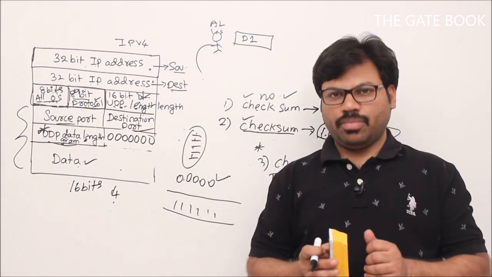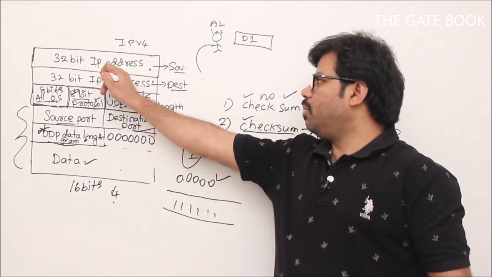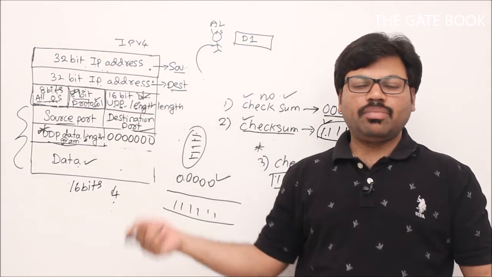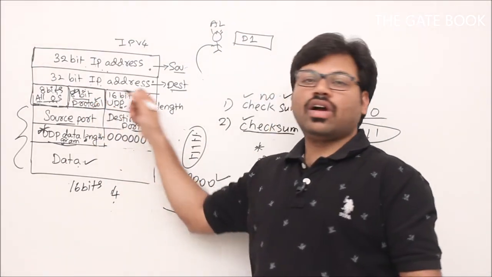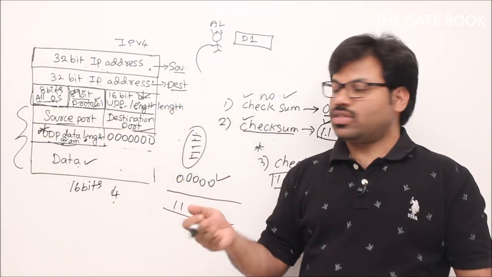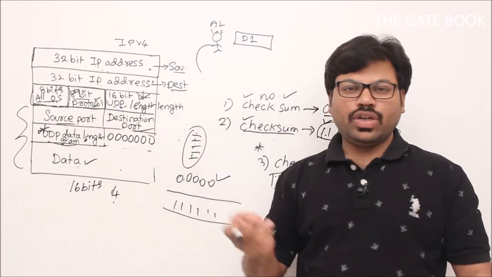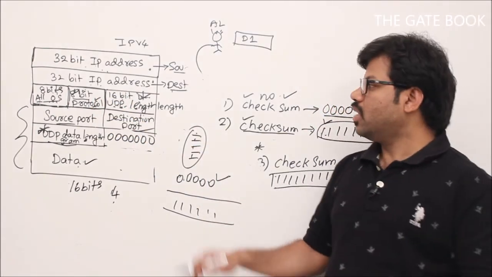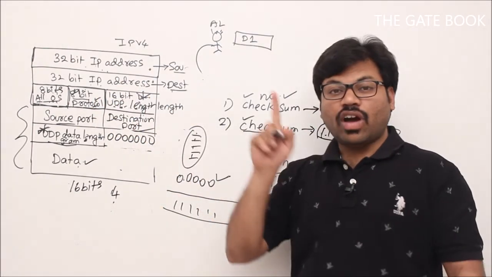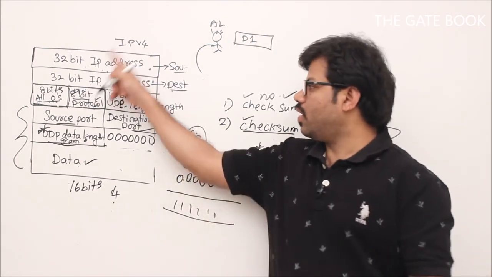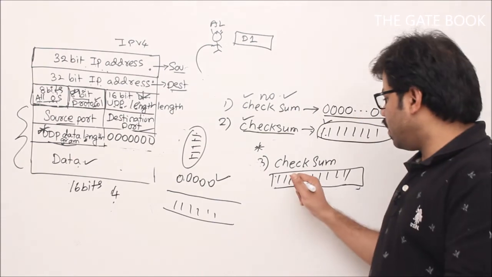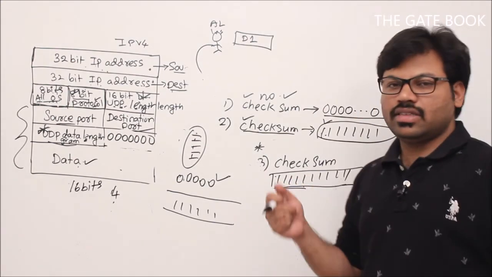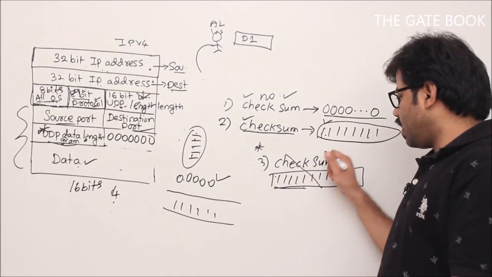That is impossible, because we have IP addresses, which cannot be all zeros. Second, we are using the protocol field, and the UDP protocol value is not 0. So there is at least one non-zero field in the checksum calculation. That's why we never get all ones from the calculation. That is a trick. So this case is eliminated.